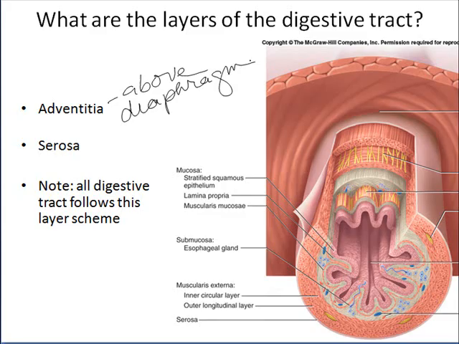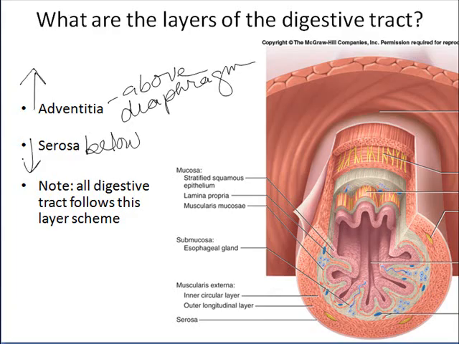Below the level of the diaphragm, we call that same layer of connective tissue the serosa. Okay, and it has a slightly different composition of cells in the serosa than the adventitia. And we're not going to worry about the specifics of that. Just know it's adventitia above the diaphragm, serosa below.